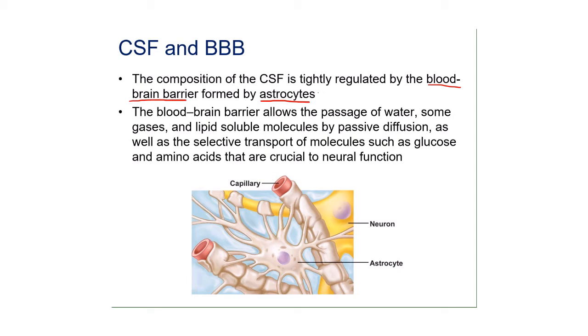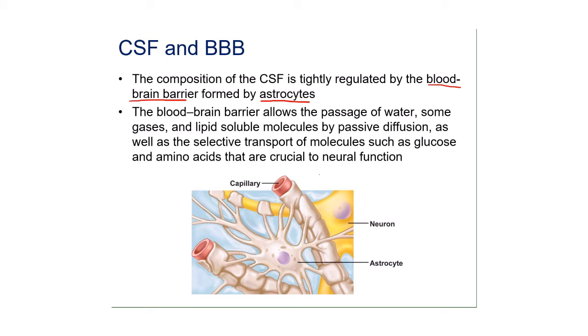The BBB allows basic stuff like water, some gases, and some lipid-soluble molecules to go through by passive diffusion, and things like glucose and amino acids that we need for crucial neural functions go through by selective transport, and then it screens out a bunch of stuff that might be toxic to the nervous tissue.